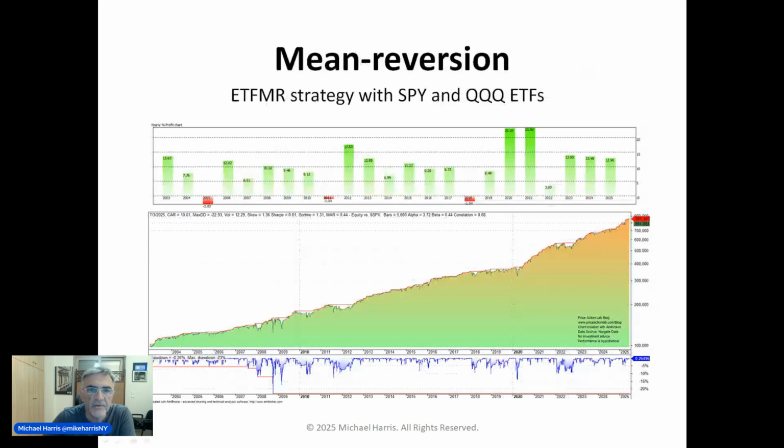The mean reversion strategy, we call it ETFMR, with SPY and QQQ ETFs. This has been a fantastic strategy, but slightly higher drawdown. The annualized return has been 10%. Sharpe has been 0.81 because of the higher volatility, and beta is 0.44.